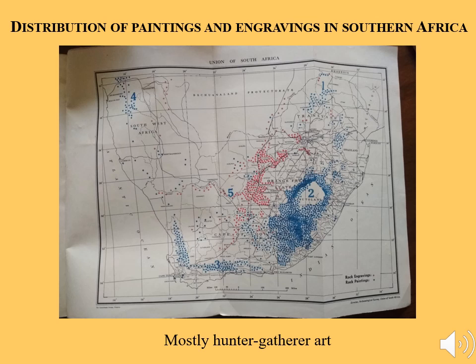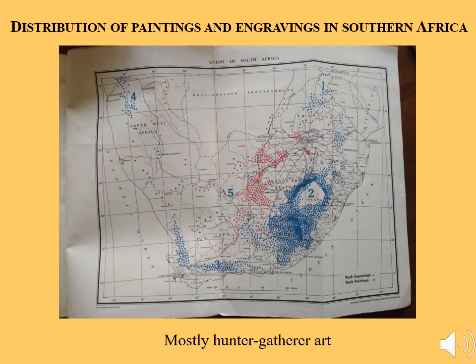So this is Cecil van Riet Lowe's map of the distribution mostly of hunter-gatherer rock art across South Africa and partially into Namibia on the left there. And you can see first of all that the coverage is pretty much the whole country. You find rock paintings and rock engravings everywhere. The paintings are the blue dots, and they are confined to the mountainous areas where paintings are made on boulders and overhangs.